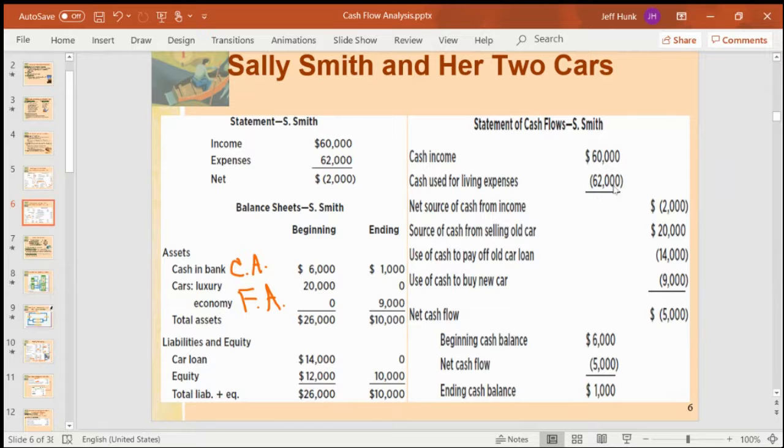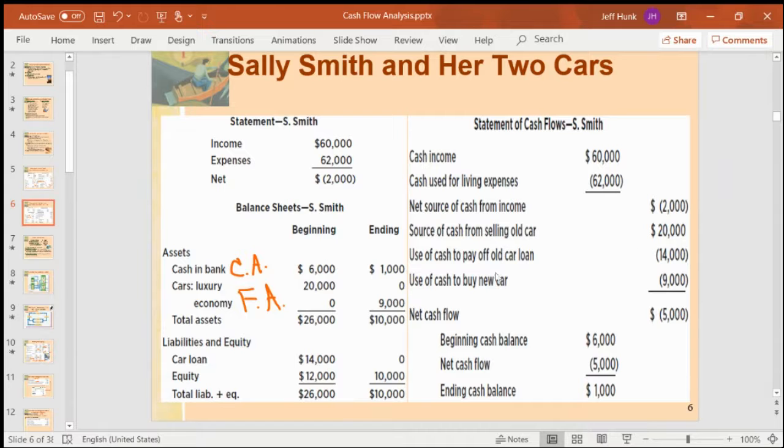So we all know her net income was negative 2,000, and when you sell an asset, right, it's a source of cash. Assets go down, but cash comes in, right? So she sold it for 20K.